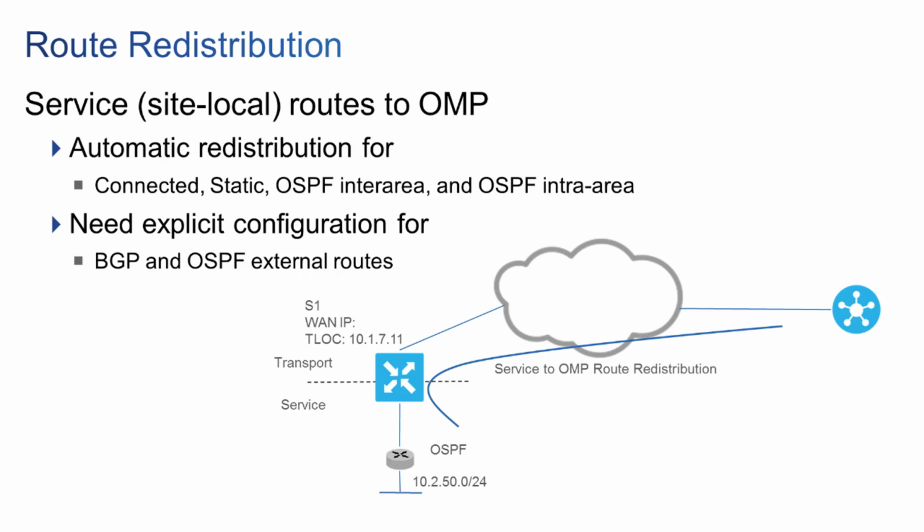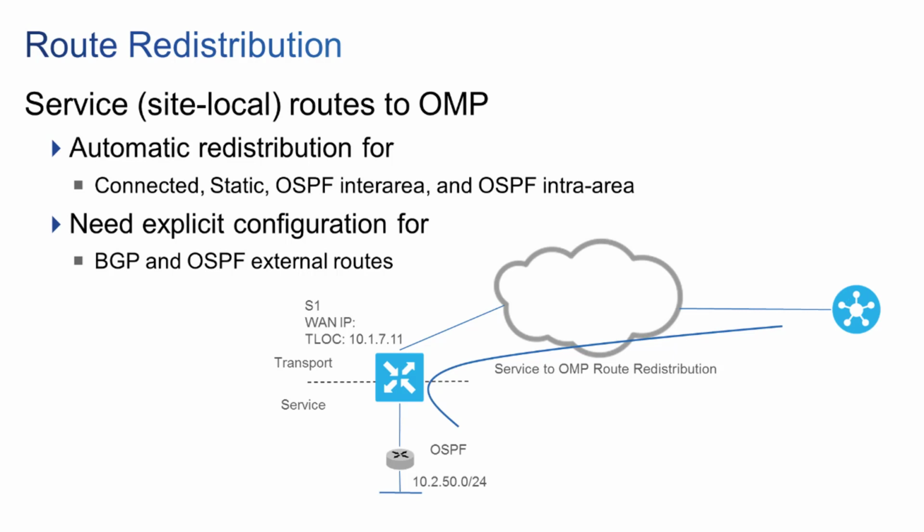So the routes that the vEdge router receives through OMP are not automatically redistributed into the other routing protocols running on the other routers. In other words, going the other direction. So if we want to redistribute the routes received through OMP, we have to enable this redistribution process locally on each of our vEdge routers.